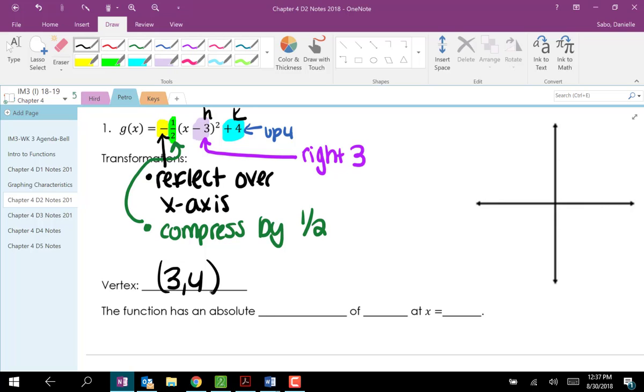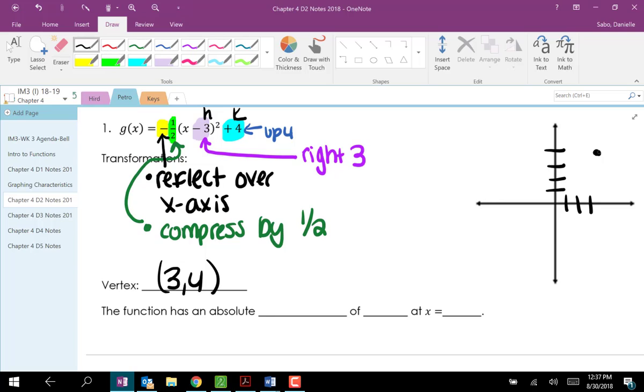If I move right 3, let's label it, right 1, 2, 3, and I go up 4, 1, 2, 3, 4, you just found your vertex. That does not look like it's right there, but here. 3, 4. So either way, either knowing the formula that it comes right from here, or knowing that you went right 3 and up 4, that's going to be your vertex.